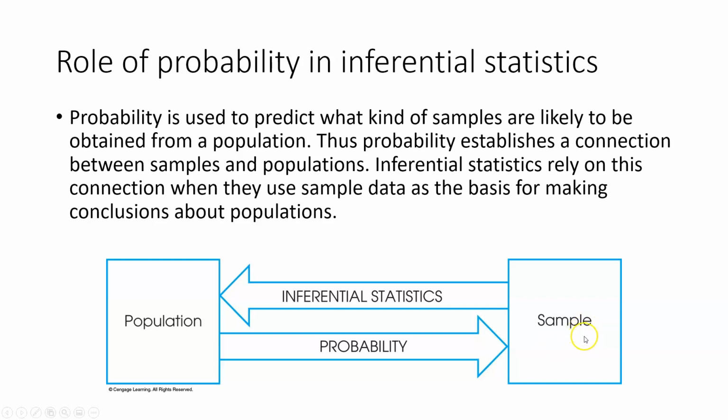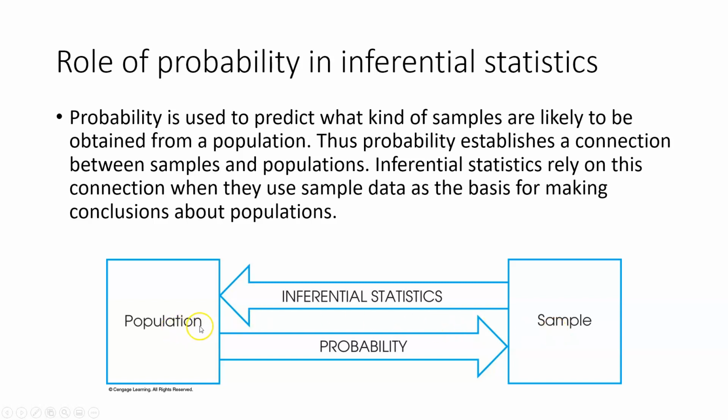And then, when we draw that sample and we compute the mean or standard deviation or percentage or whatever it is we're computing from the sample, and we try to say something back about the population, we're using inferential statistics, which are like probability turned on its head. It's like making some kind of reverse probability statement about the kind of population we can expect to have drawn our sample from based on the characteristics of the sample.